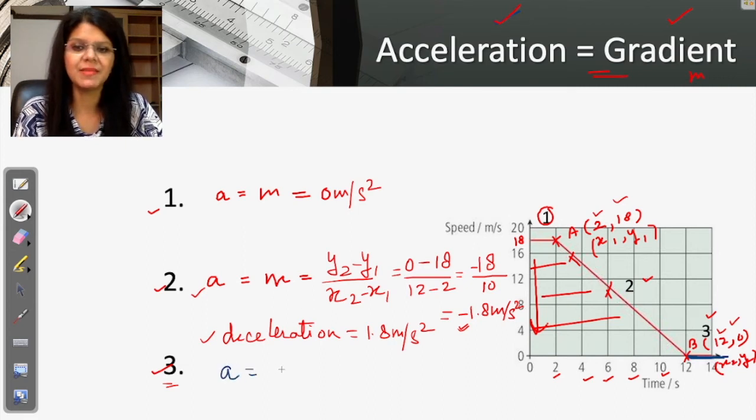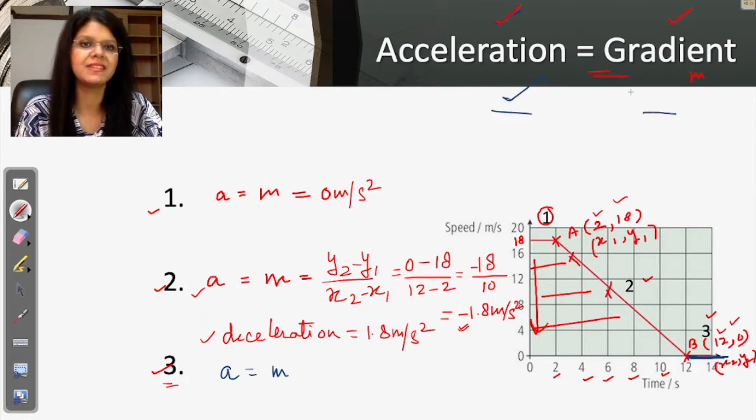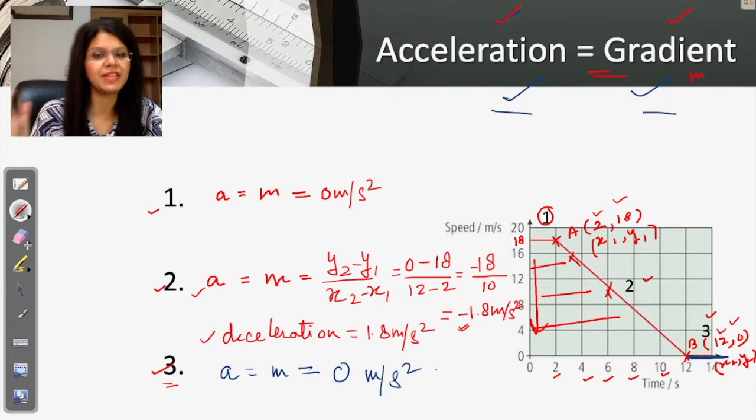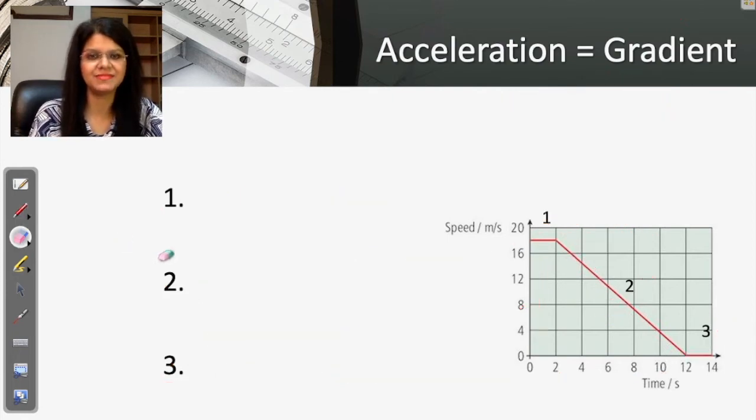Acceleration is the same as your gradient. So the gradient is 0, and the acceleration is 0 meters per second square. So that's how you solve questions on a speed time graph, where you have to calculate the acceleration from a speed time graph.